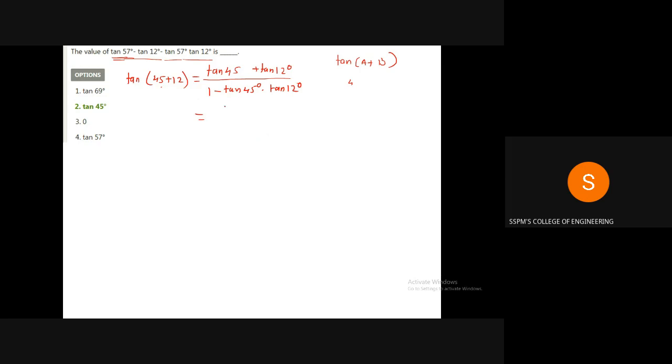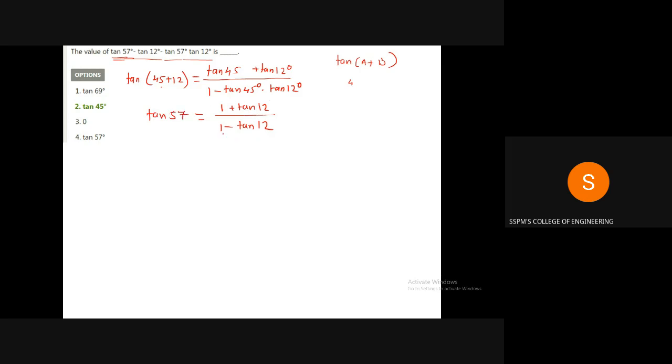The value of tan 45 is 1. So it is 1 plus tan 12 divided by 1 minus tan 12, which is equal to tan 57.